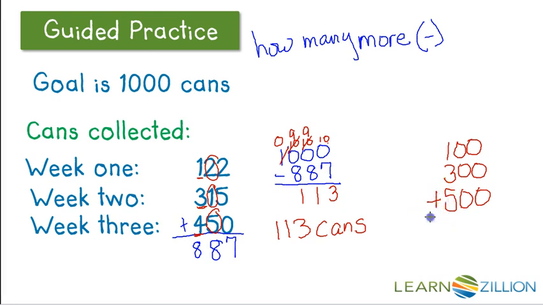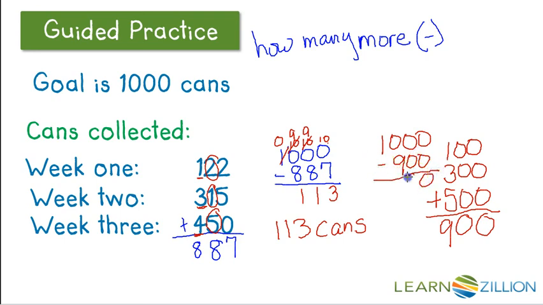Alright, so we're going to add on to this. I'm trying to go fast because I know I've already taken too much of your time. 1 plus 3 is 4 plus 5, that is 9. Subtract that from 1,000. A much easier subtraction problem to do. 0 minus 0 is 0. 0 minus 0 is 0.